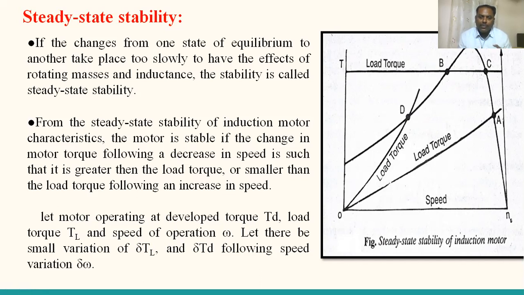After the commencement of the disturbance, let there be a small variation delta TL and delta TD following the speed variation delta omega. So the initial parameters TD, TL, omega change to delta TL, delta TD, and delta omega due to the disturbance.